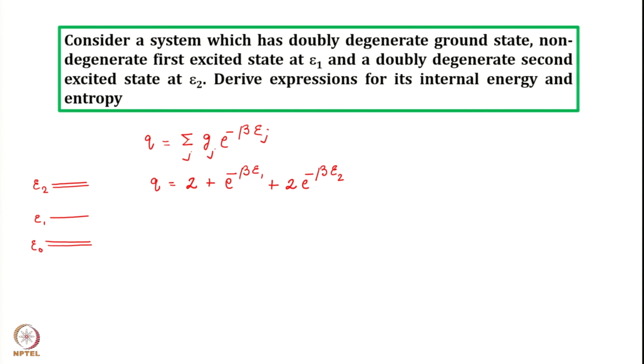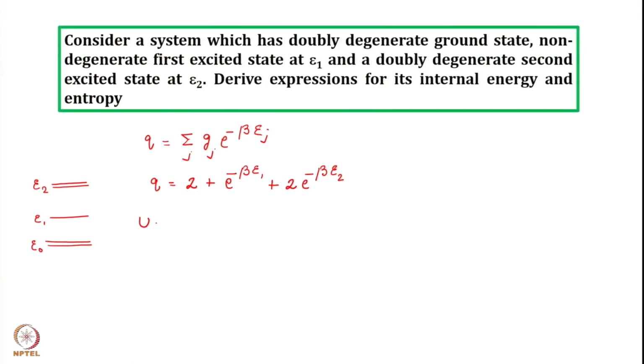Once I have this expression for the partition function, now I can write an expression for internal energy. Remember, U minus U0, this is the internal energy, is equal to minus N by Q del Q by del beta at constant volume. We already have an expression for Q, so it becomes easier for us now to write an expression for internal energy.